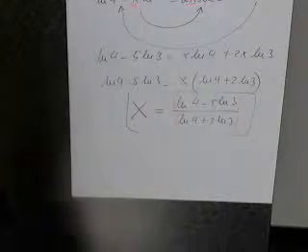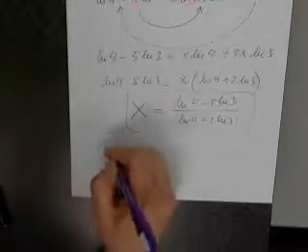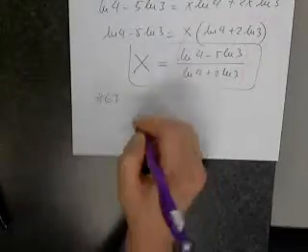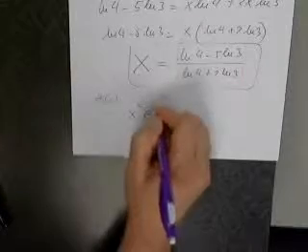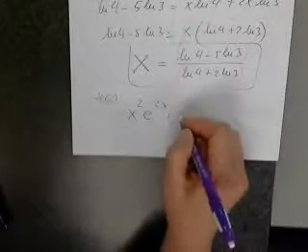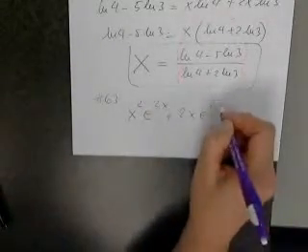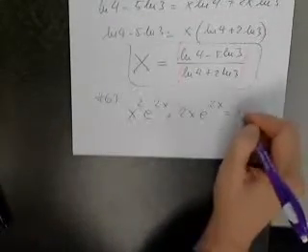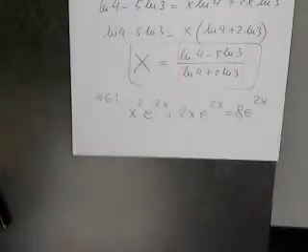Why not? Let's look at 63. X squared e to 2x plus 2x e to 2x equals 8e to 2x.